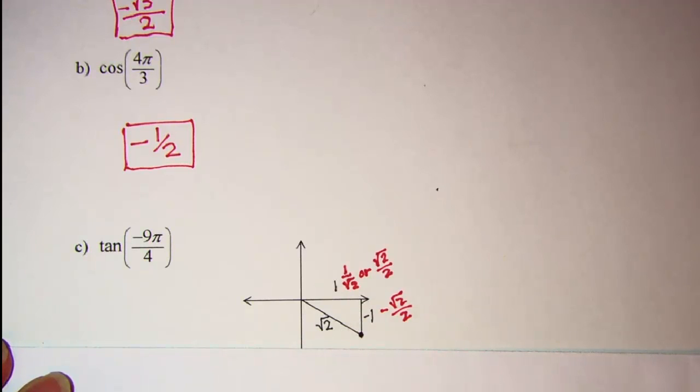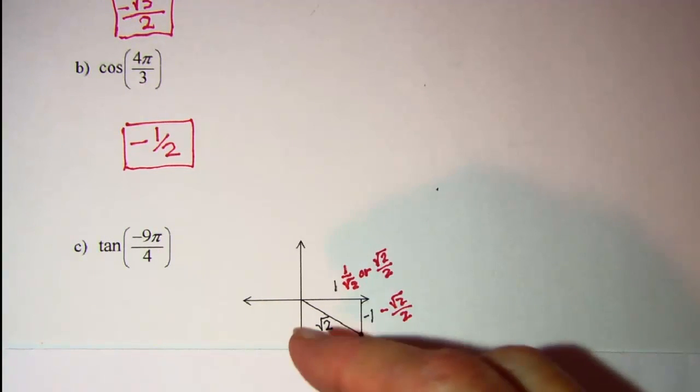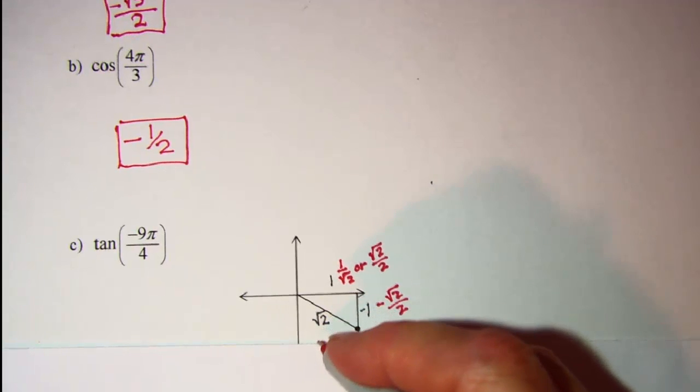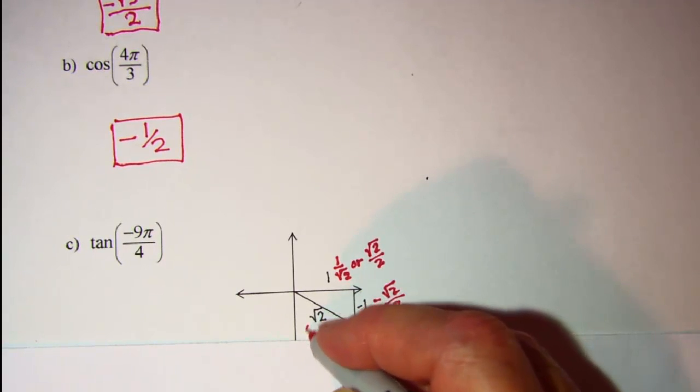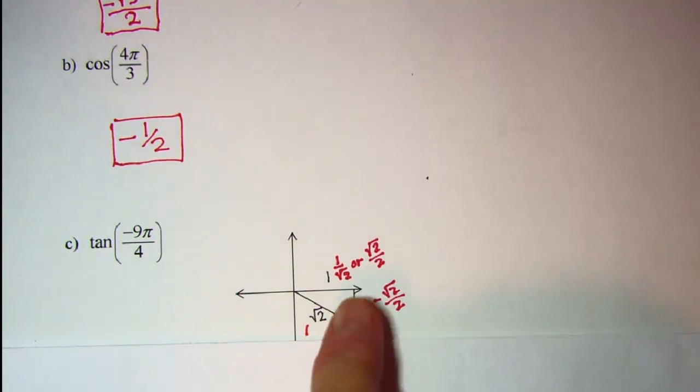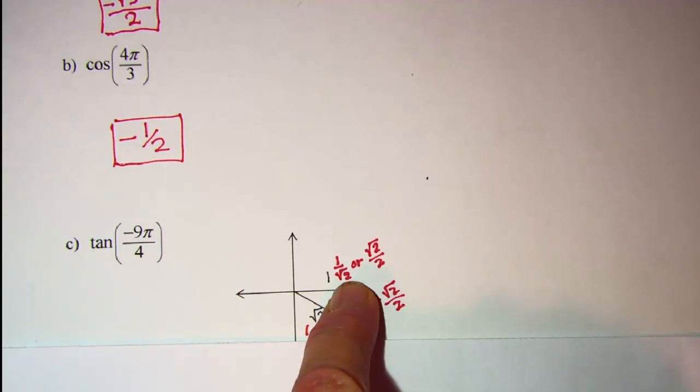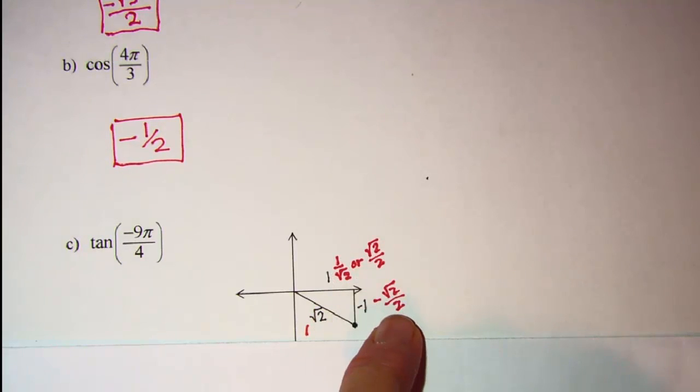Now if we use our unit circle for the side lengths, dividing by root 2 on all of them, this will be 1, and then this one is 1 divided by root 2. If we rationalize the denominator by multiplying top and bottom by root 2, we get root 2 over 2. And same way here, negative root 2 over 2.